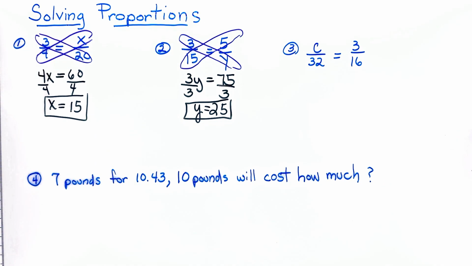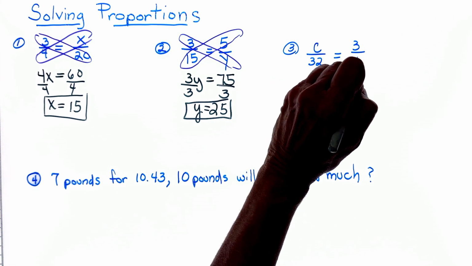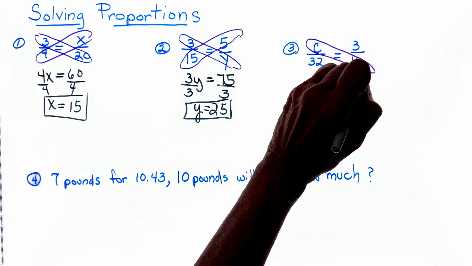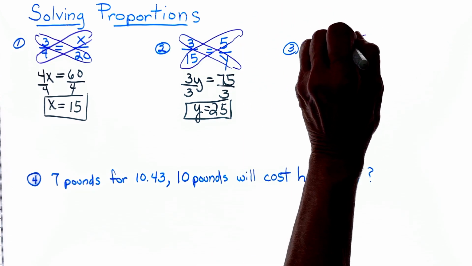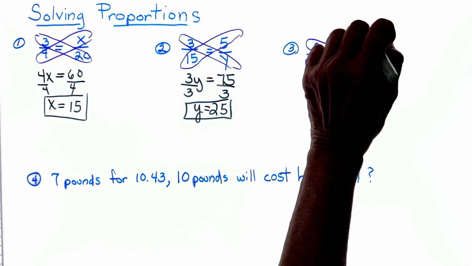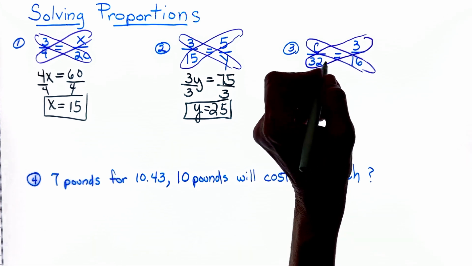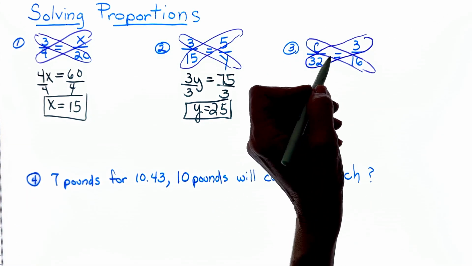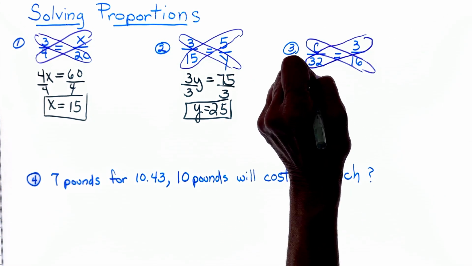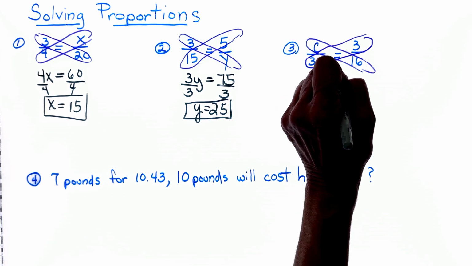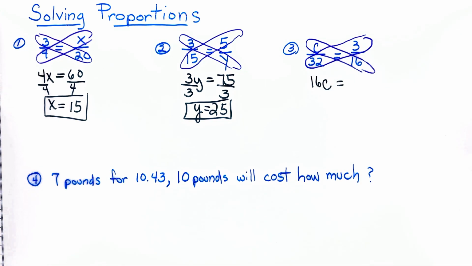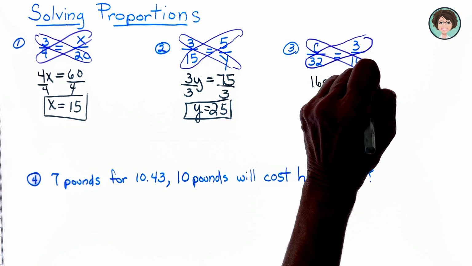And for our last problem, or our third problem, I see that I have a C across from a 16, a 3 across from the 32, and again, the butterfly, or times sign, I will usually put my variable first, so it's 16 times C is 16C, and 32 times 3 is 96.